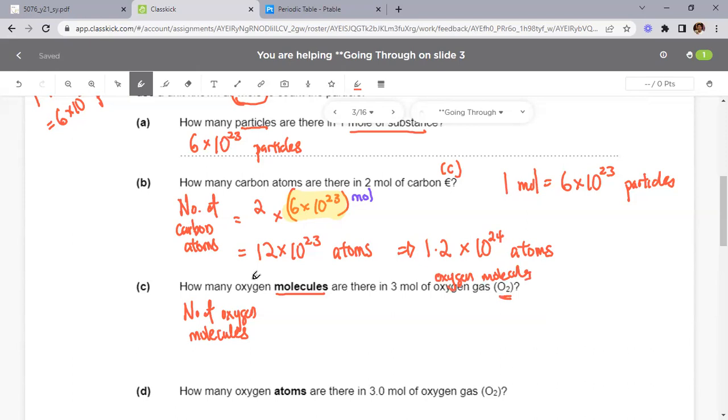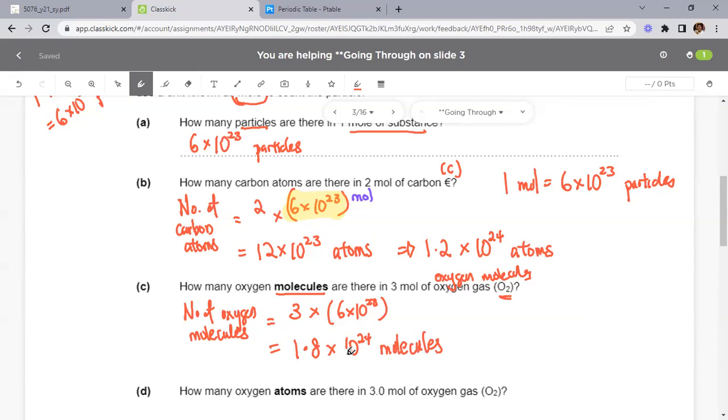If there are 3 moles of oxygen molecules, and oxygen gas is actually O2, how many oxygen molecules are there? The exact number is 3 times 6 times 10 to the power 23. Because I'm asking how many oxygen molecules there are, 3 times this number, you're going to get 1.8 times 10 to the power 24 molecules.